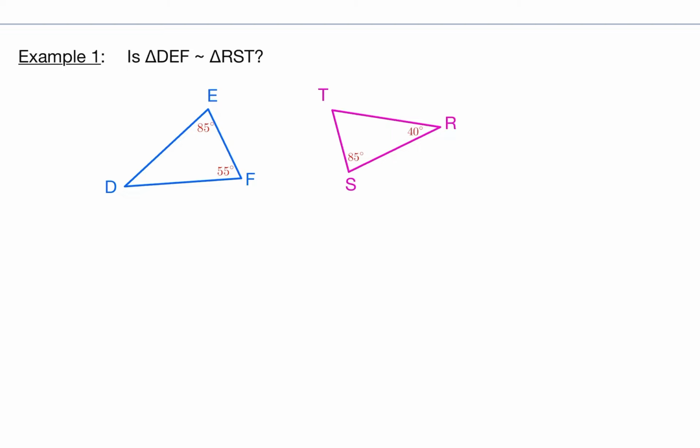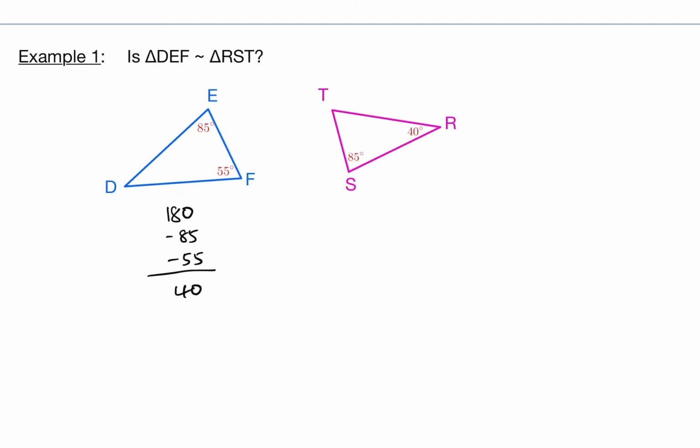However, that would be an error because we also need to take into account the third angle, okay? And so we know that the sum of the angles of a triangle add up to 180 degrees, okay? So if we subtract out 85 and 55, so subtracting 85 and subtracting 55, we see that the balance is 40.